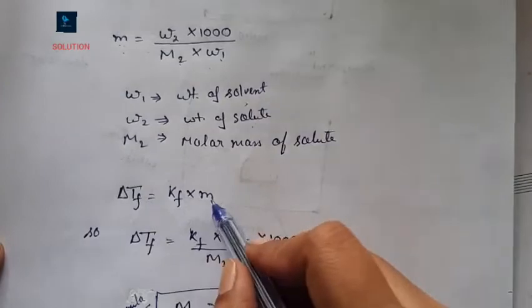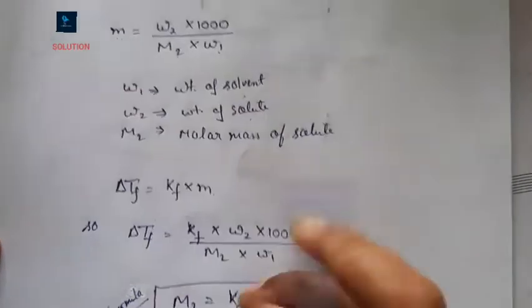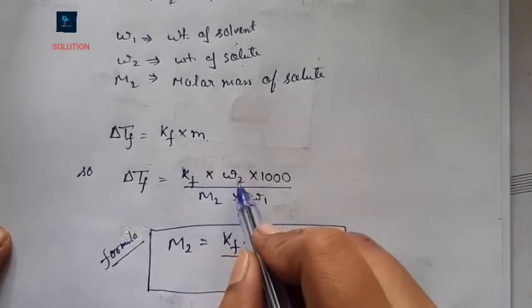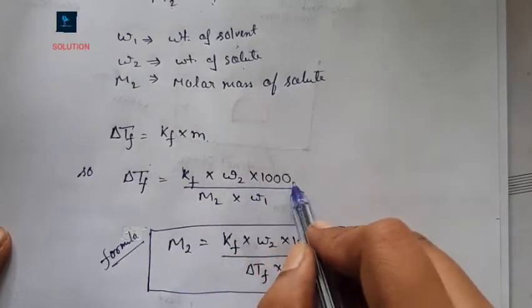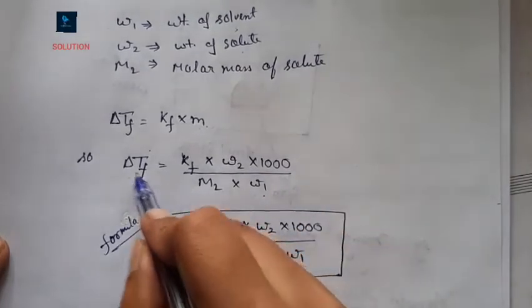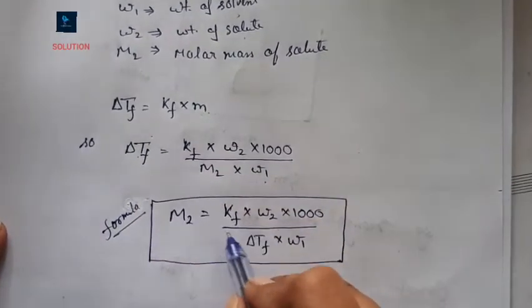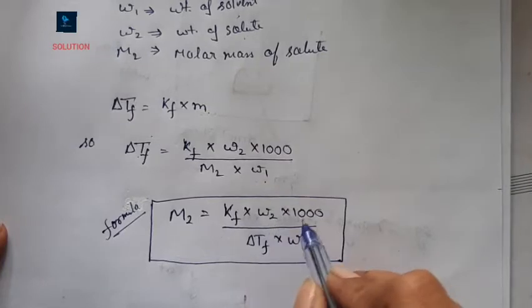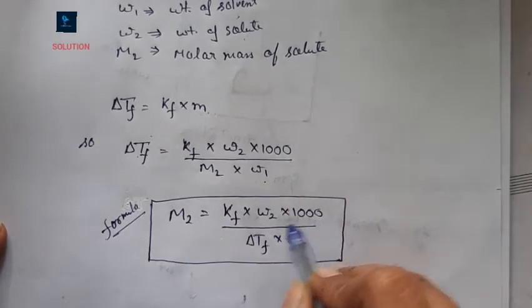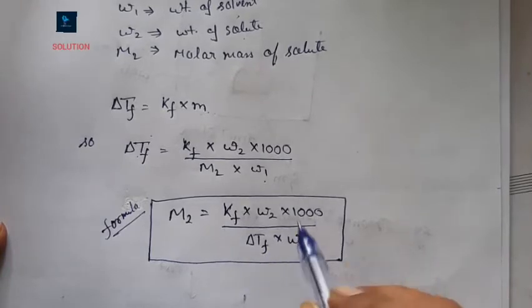When we put the value of m in this equation, we get delta TF equals KF into W2 into 1000 divided by M2 into W1. When M2 is moved to this side, we get M2 equals KF into W2 into 1000 divided by delta TF into W1.